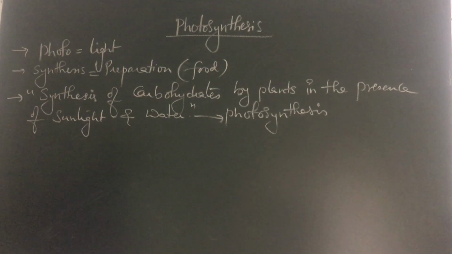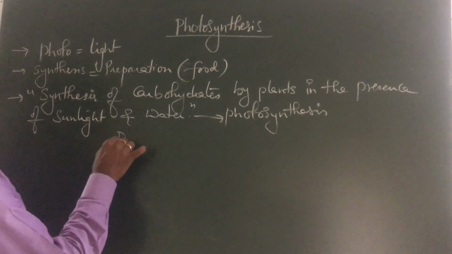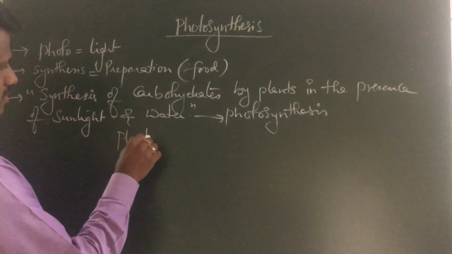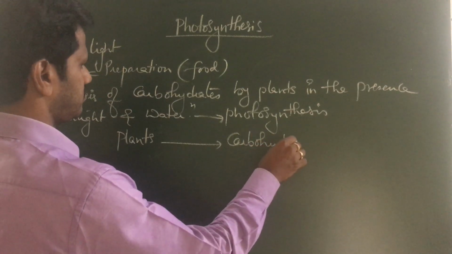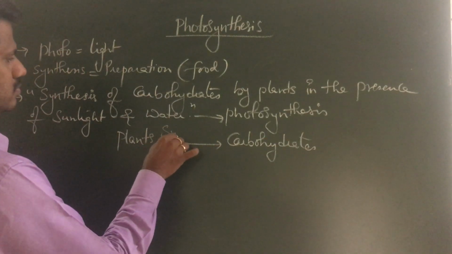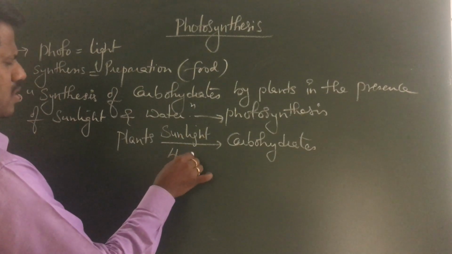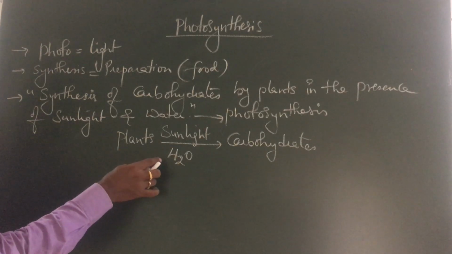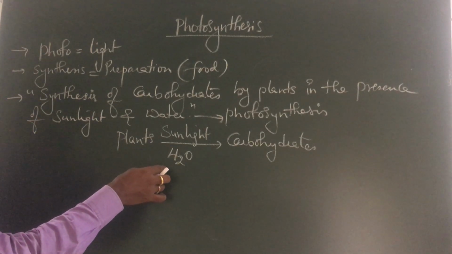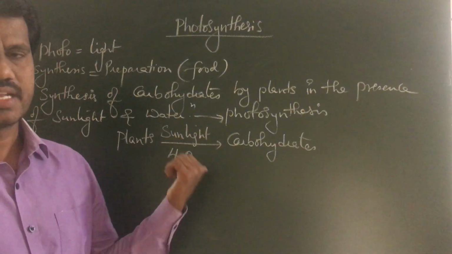Next. By using sunlight and water, plants prepare their food. It utilizes carbon dioxide and water, and then prepares the carbohydrate.